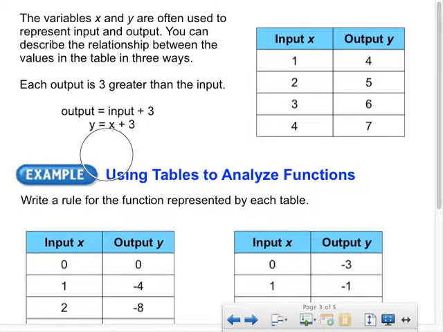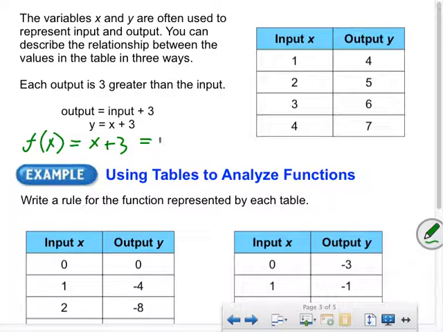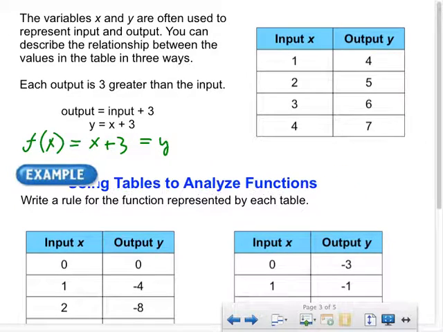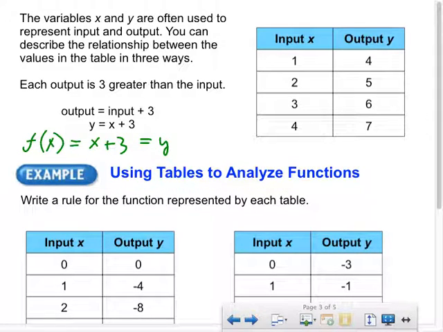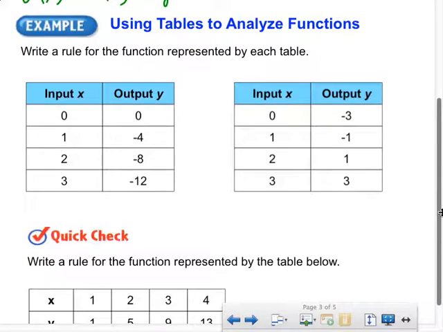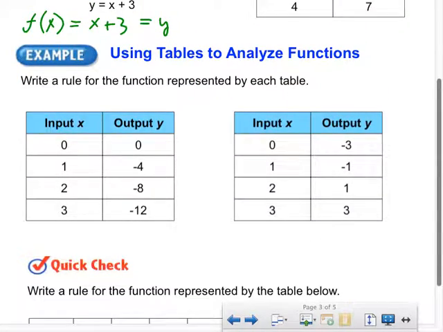Because when I was trying to learn this stuff, I kind of wished my teacher taught me this way. So you have your function at x, and then here's my expression, x plus 3, and then whatever that is is going to be my y. Does that make sense? Okay. So let's take a look at my table, and let me make some more room for us. So I'm going to slide this down a little bit.